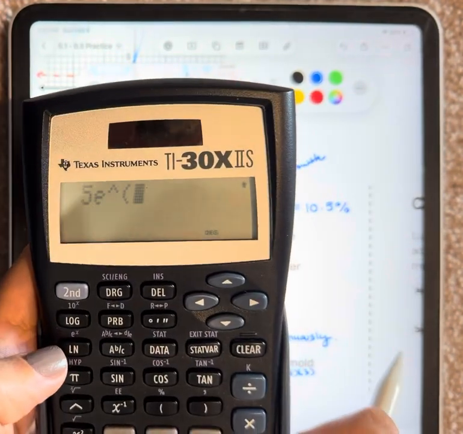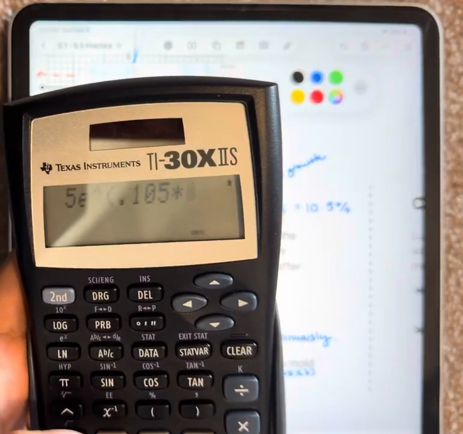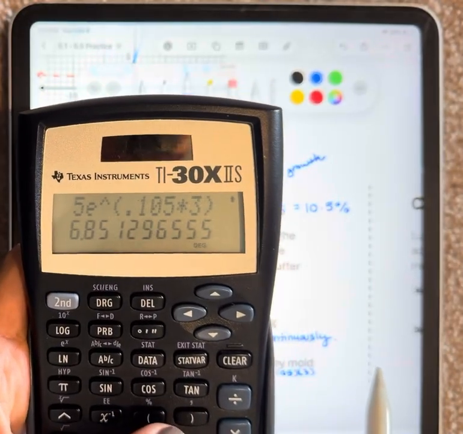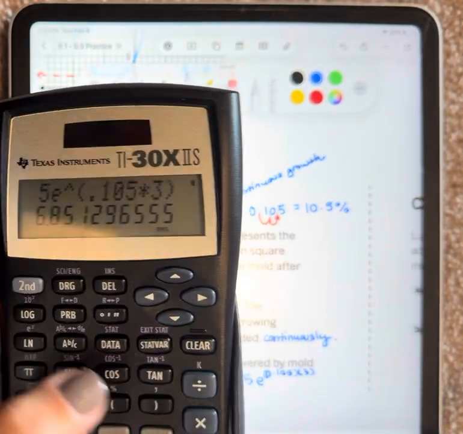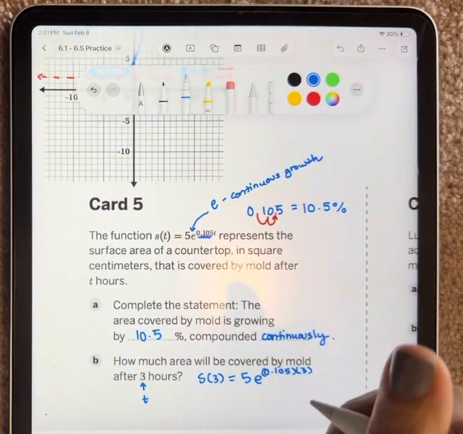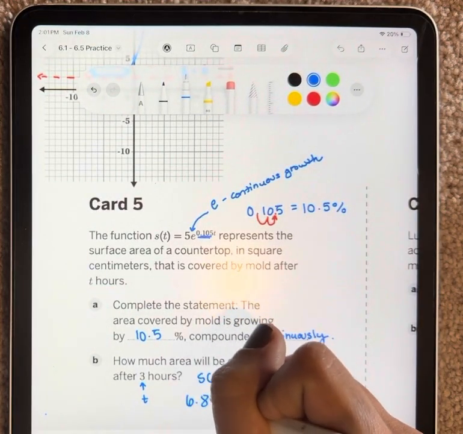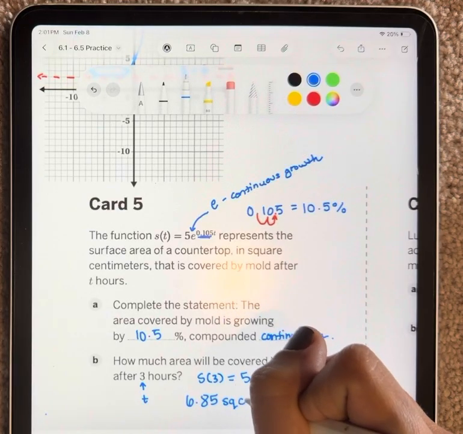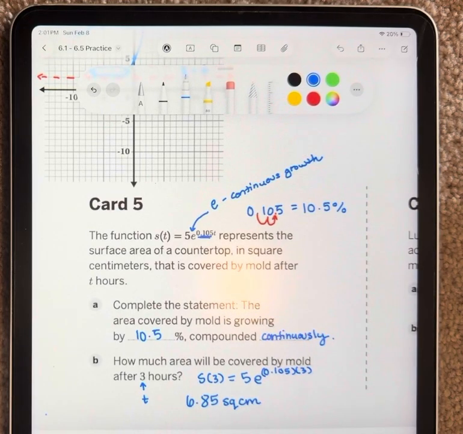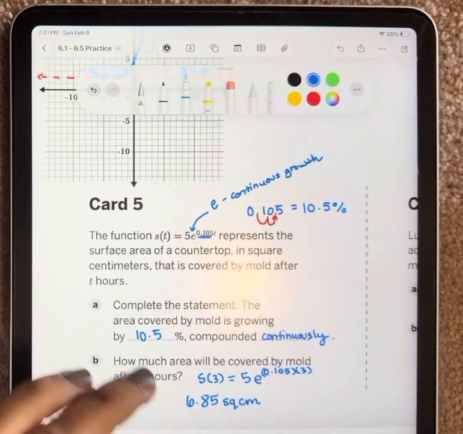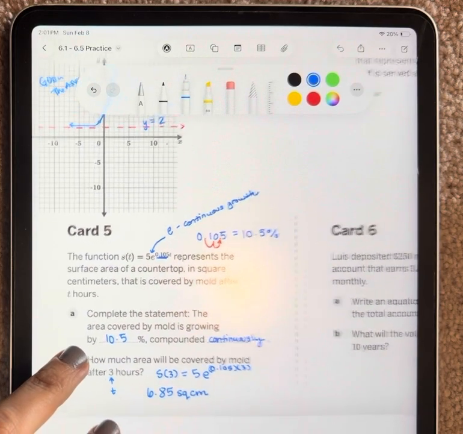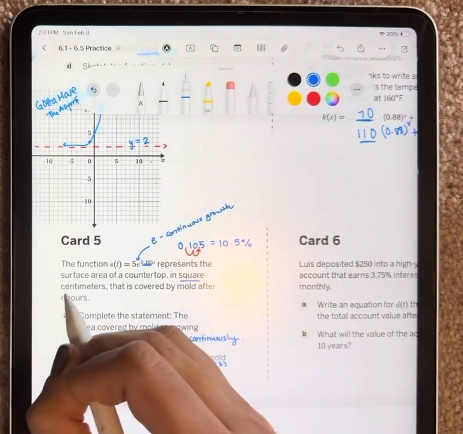And then you put in the 0.105 times 3. And it's 6.85. How much of the area? 6.85 square centimeters. Okay? Or centimeters squared, however way you want to write it. You could even write out all of that.